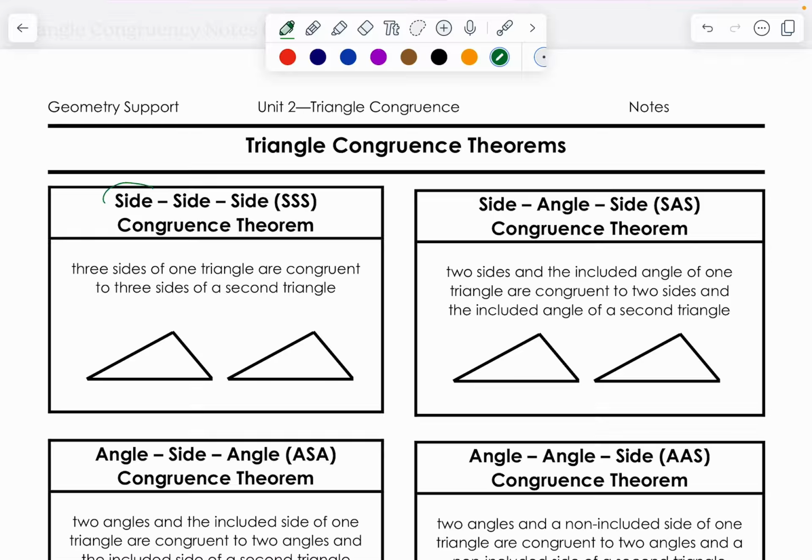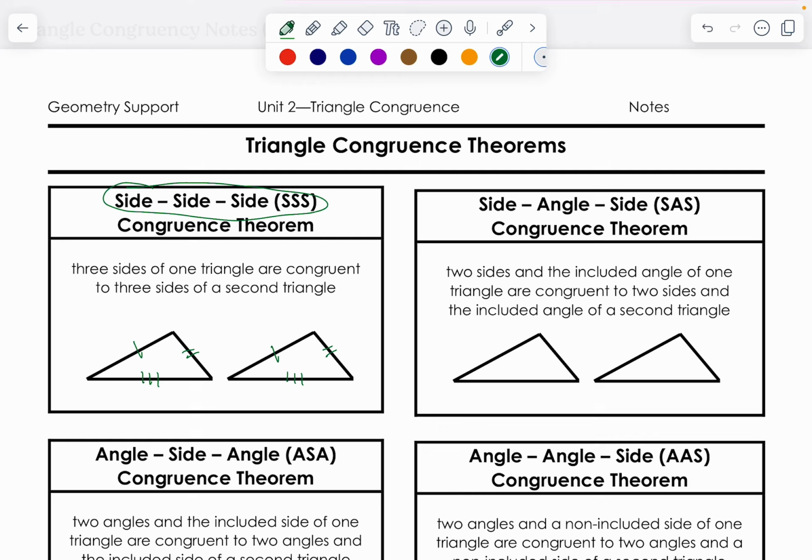One of them is called the side-side-side theorem, SSS. That's literally the three sides of one triangle are congruent to the three sides of another triangle. That means side 1 congruent to side 1, side 2 congruent to side 2, side 3 congruent to side 3. The nature of triangles pretty much tells us that as long as the three sides are the same, the three angles will be the same as well.